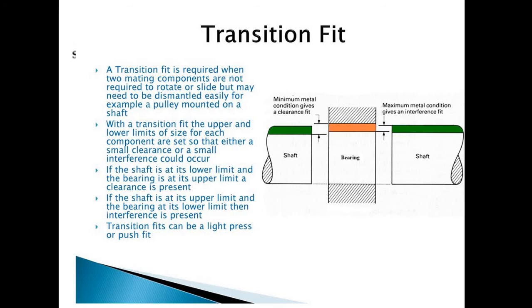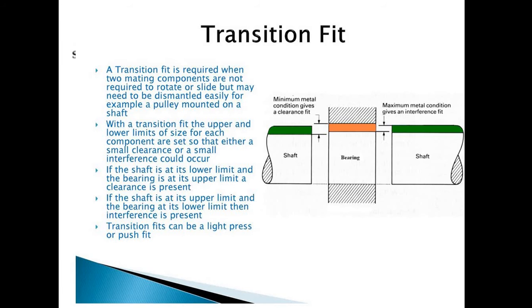In case of the transition fit, as you can see, this corresponds to the shaft, this corresponds to the hole. The distance from here to here is the minimum size of the shaft.